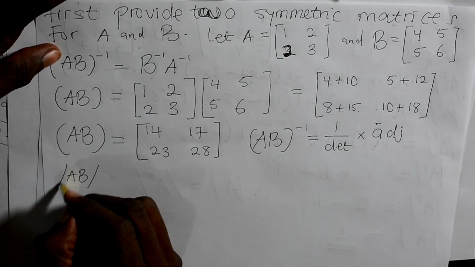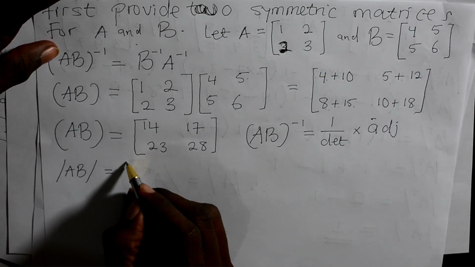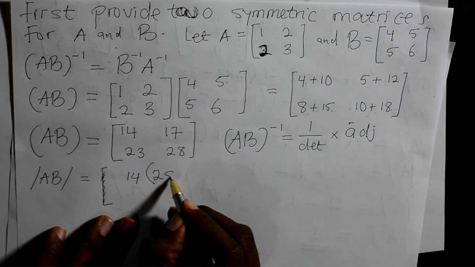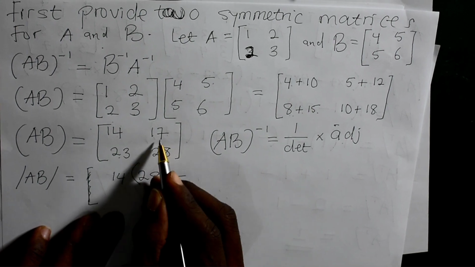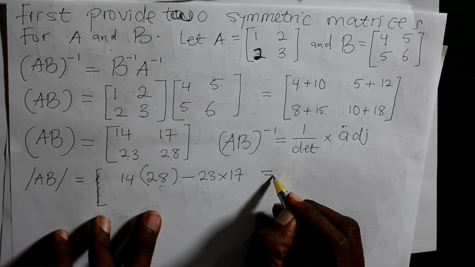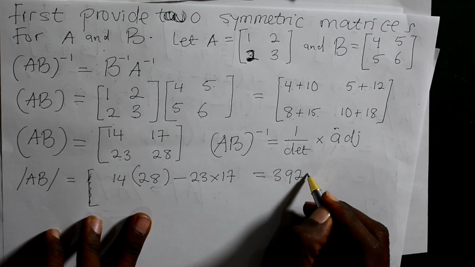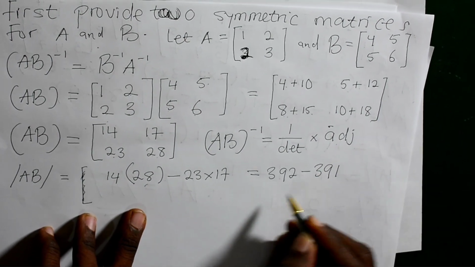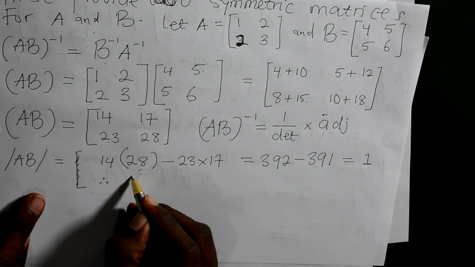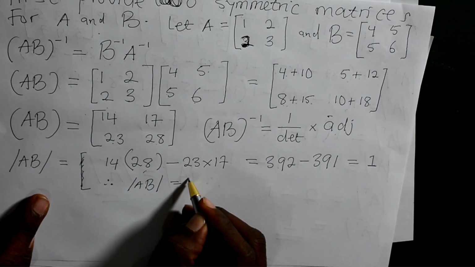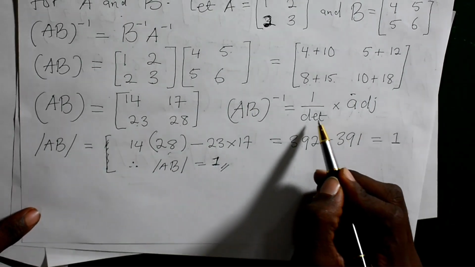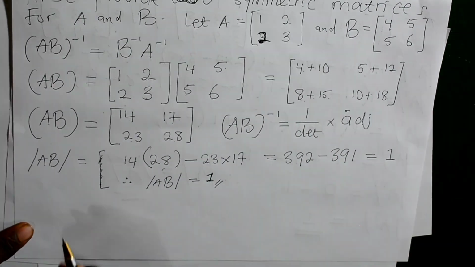So AB determinant will be equal to 14 times 28, then minus 23 times 17. This will be equal to 392 minus 391. So this will be 1. That means the determinant of AB is equal to 1. Since we found the determinant, now we are going to find the adjoint of AB.